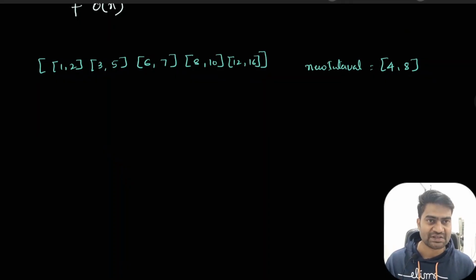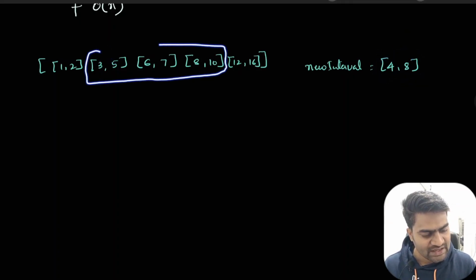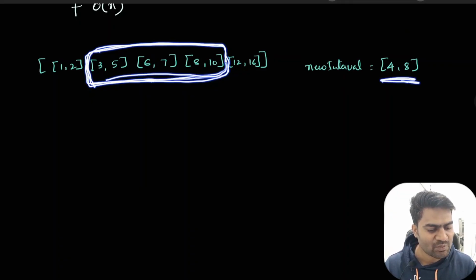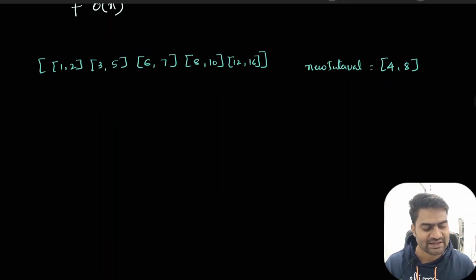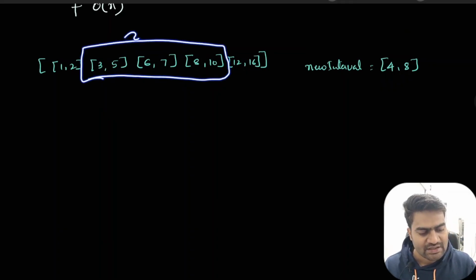If you inspect this new interval and the given intervals, we understand this fits somewhere here, because this interval will overlap with these three values. So this is the overlapping part.